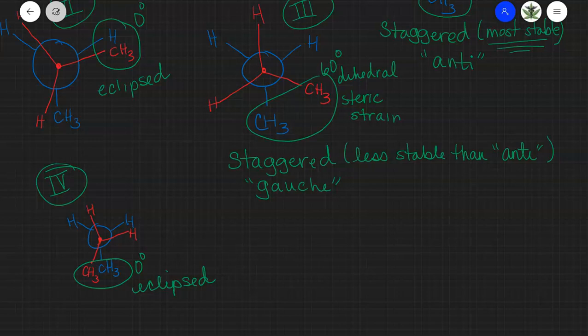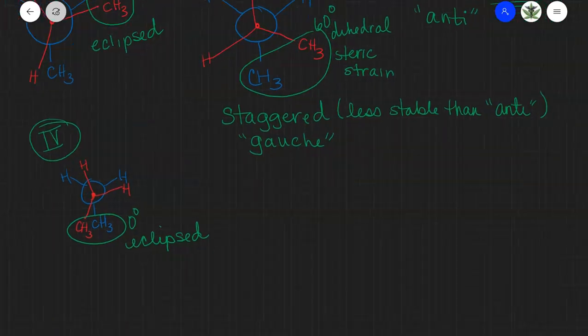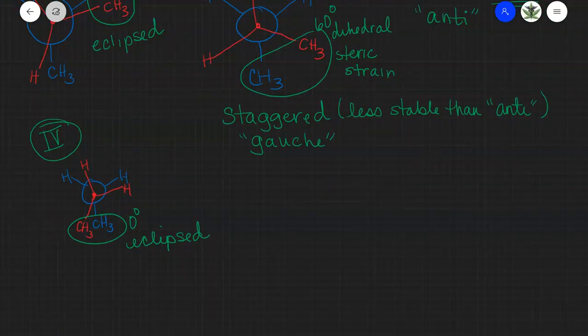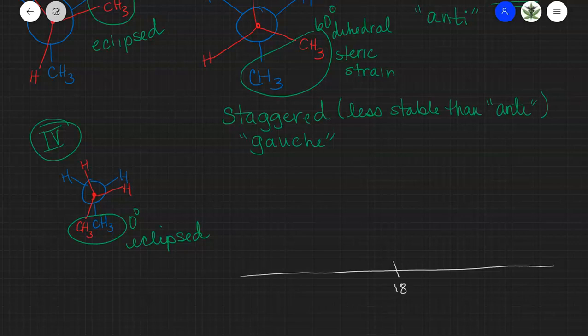So we can essentially do what's called a conformational analysis, where we're looking at each structure, which is each conformation, and its rotation by 60 degrees.